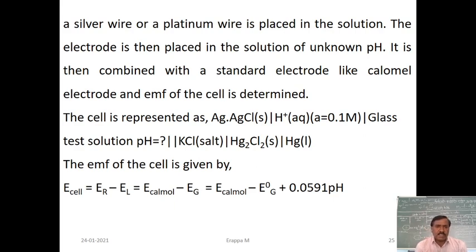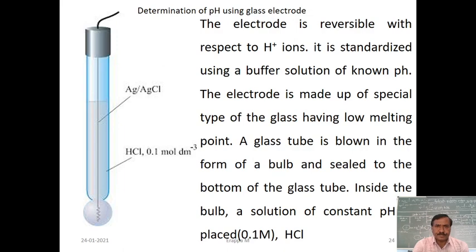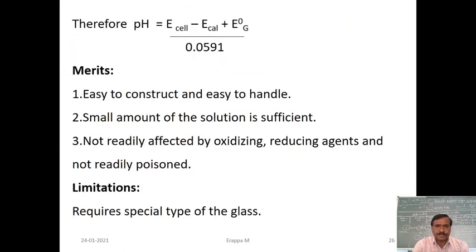The EMF of the cell is given by E of right minus E of left, that is E calomel minus Eg, that is equal to E calomel minus E naught G plus 0.0591 pH. Therefore, pH is equal to E of cell minus E calomel plus E naught G, divided by 0.0591.